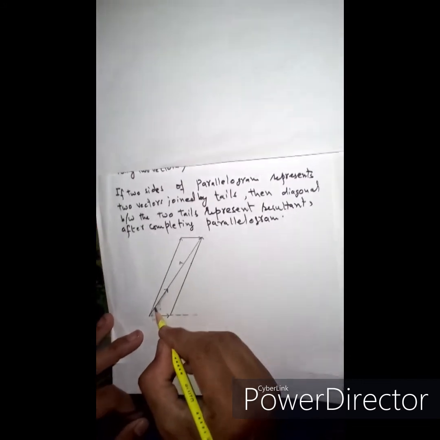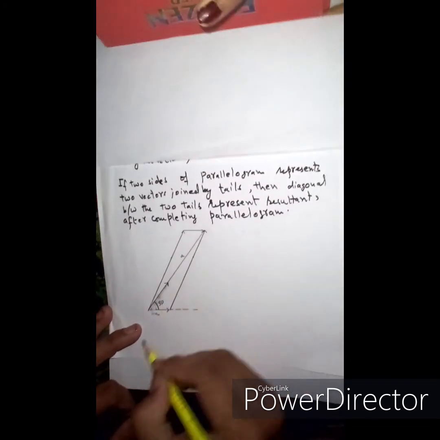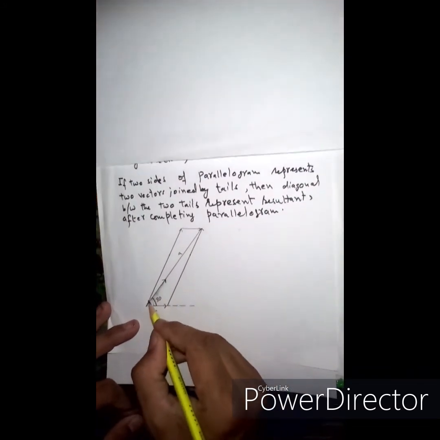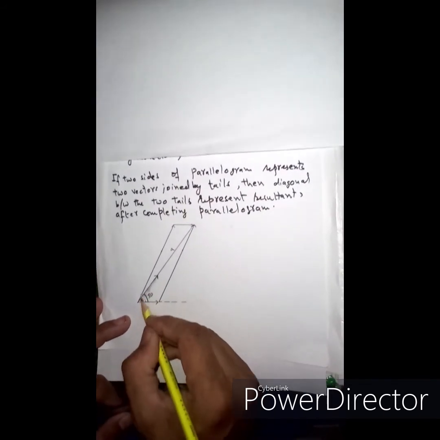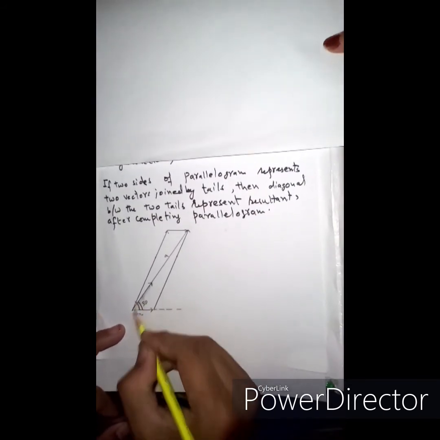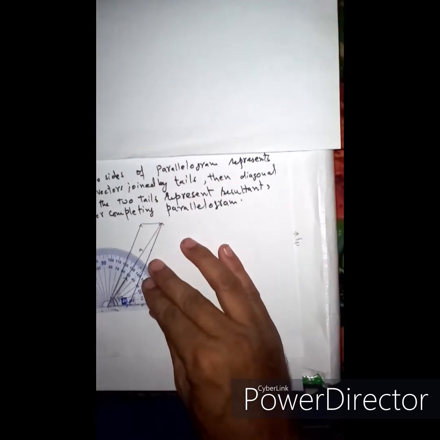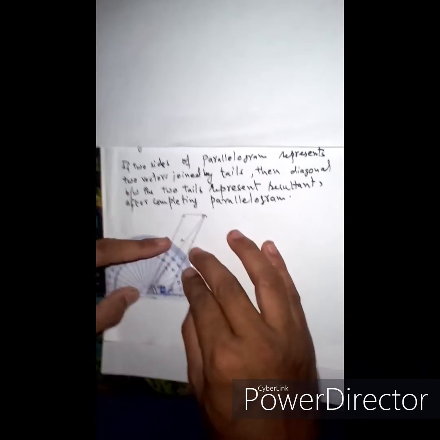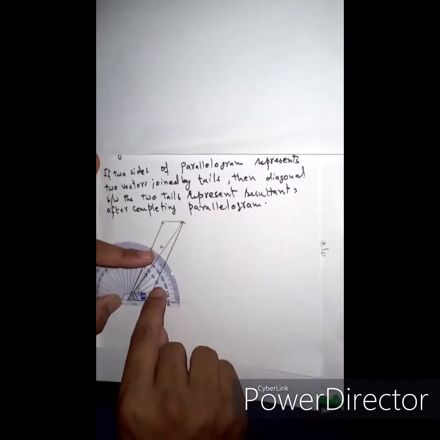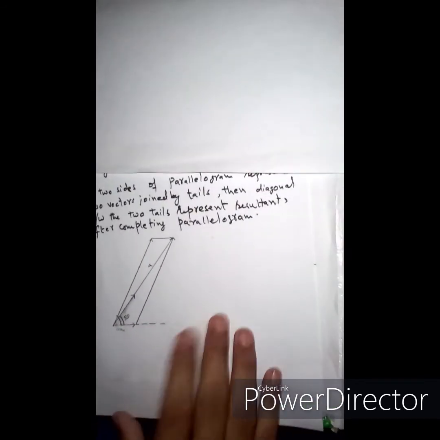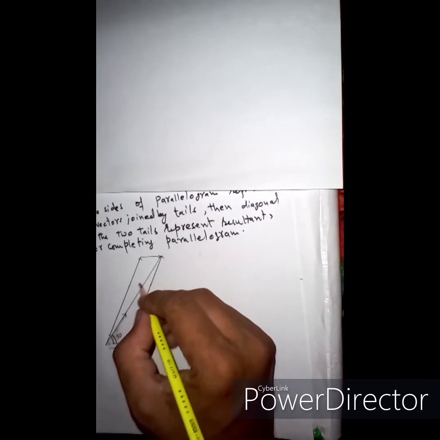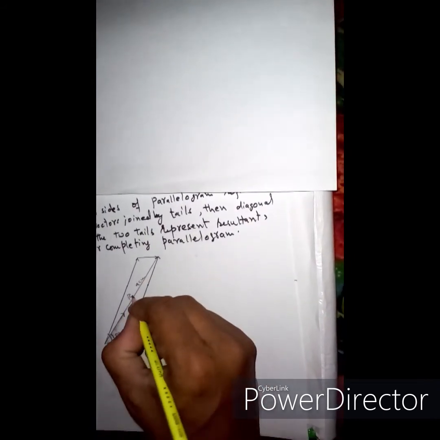This one will be 50 degree, and the angle between the two vectors is 60 degree. This angle is 60 and this angle is 50 degree. Let me check. Yes, exactly 0, 10, 20, 30, 40, 50. So accurately we again have a 9 centimeter line for the resultant.